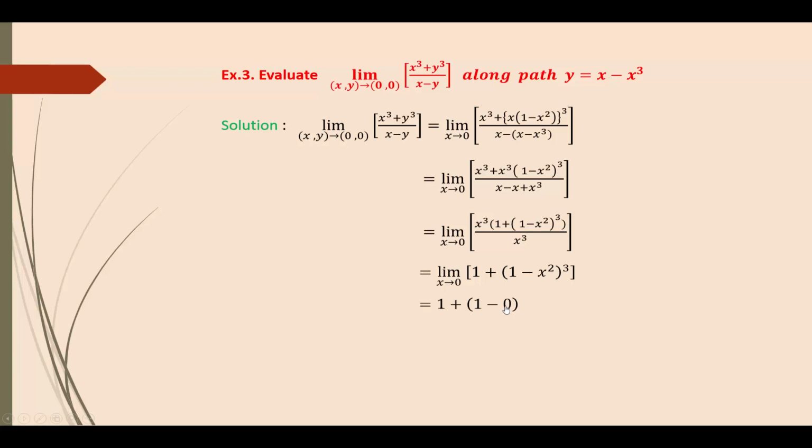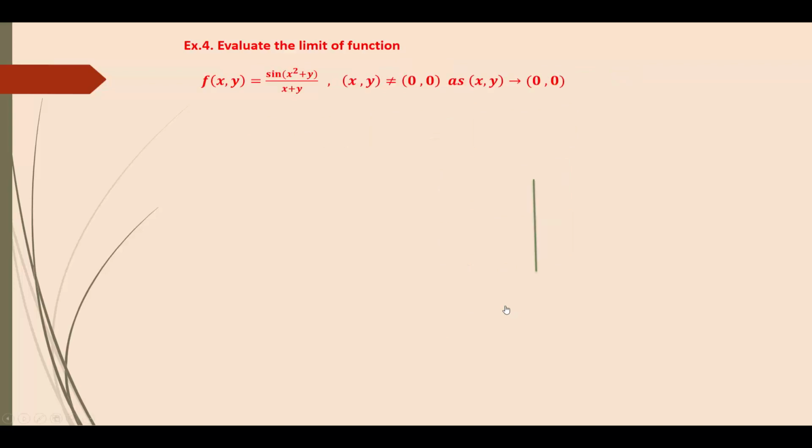Taking limit as x tends to 0, we get 1 plus 1, and x is 0, so minus 0, we get 1 plus 1, which is equal to 2. This is the answer of this limit. Next, example number 4.